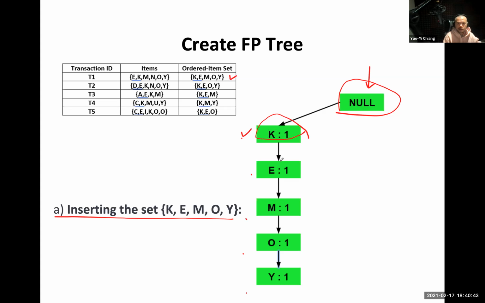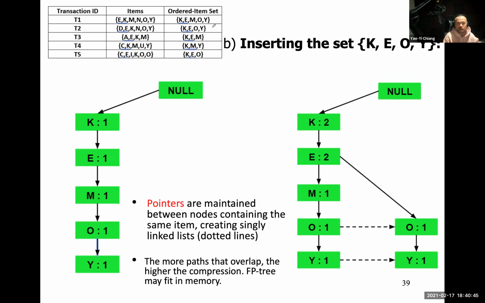For example, look at the ordered basket here. After you insert the first one, now you insert the second one, KEOY. We already have K, so incrementing means this path now has K twice. E, this path has E twice. But the third item is O, and here we have M, which is okay.